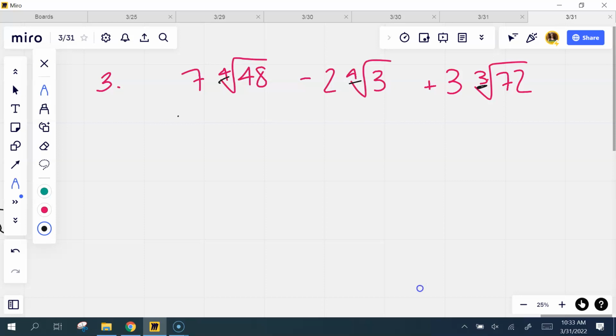About 48, what 4th power can you take out there? 16. 16 and what? How about 72?